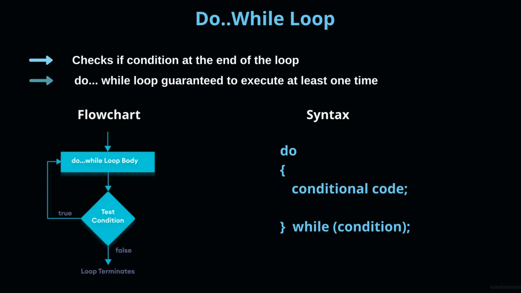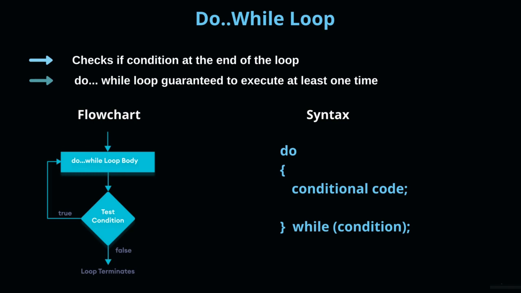For example, suppose I am writing ATM code, a user at least has to enter the PIN number once. If they enter it correctly, I don't have to ask again, but if they enter an incorrect PIN number, I will have to ask again, but at least the loop should execute once. Such loops can be planned using the do while loop.